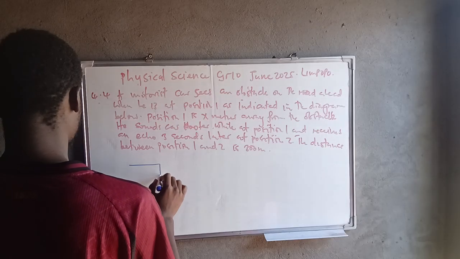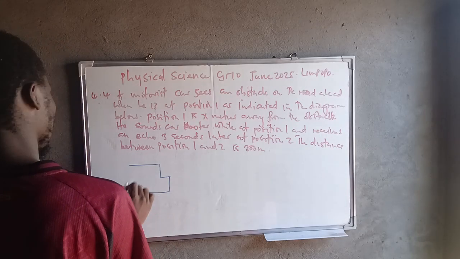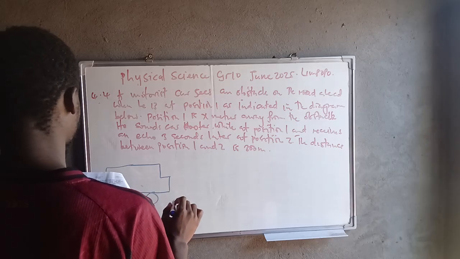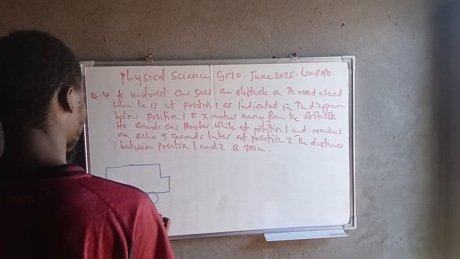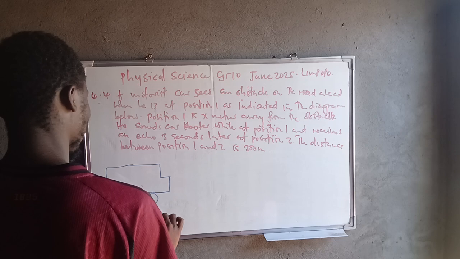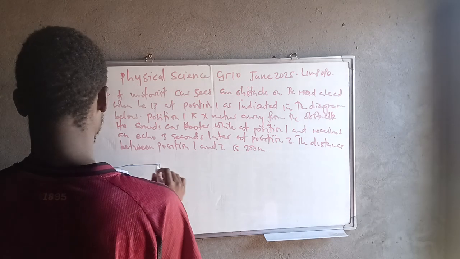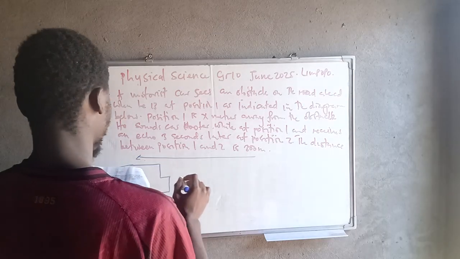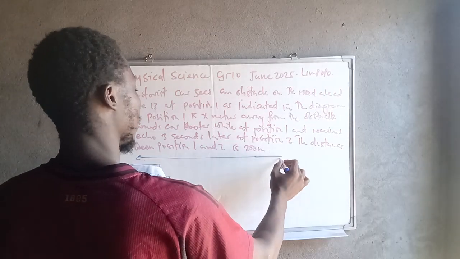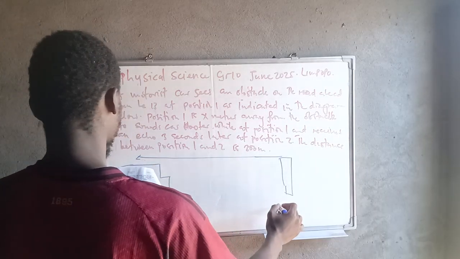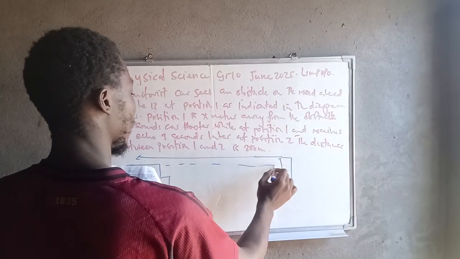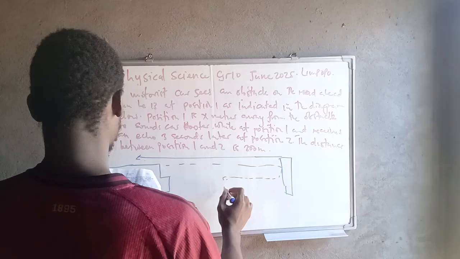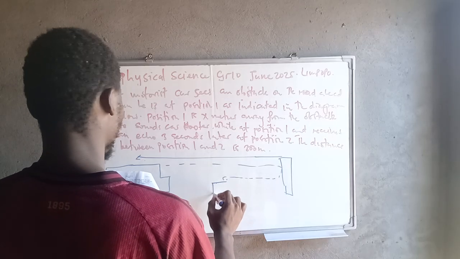So let's say this is the car, right? So this is position 1, right? So you're saying the distance between this point and that point, right? Alright, so this is the car now at position 2.